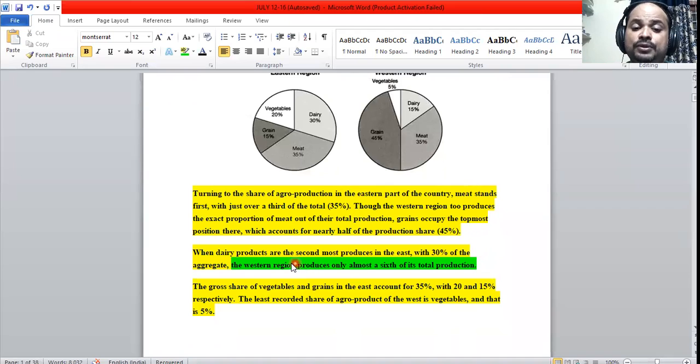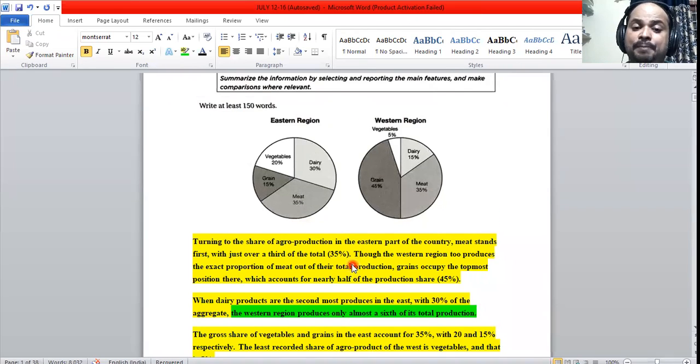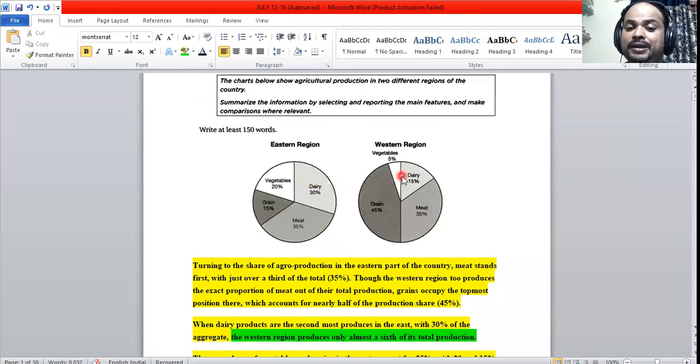So we have solved the problem here. So the comparison is not between these two things. The comparison is within inside. So we are comparing these producers inside the Eastern region and inside the Western region. This is what we have to do.